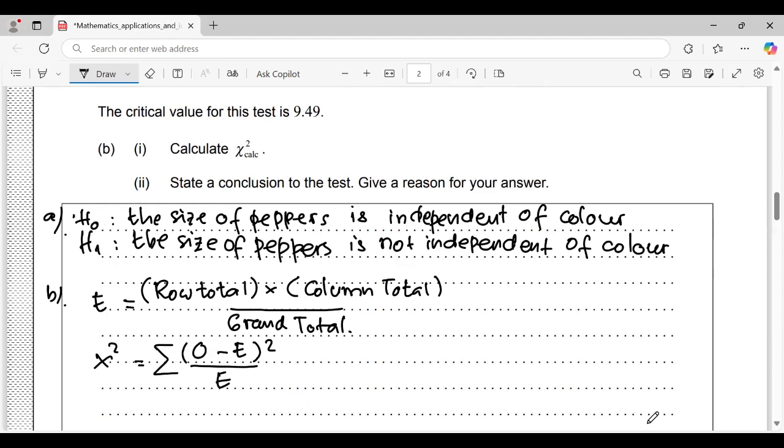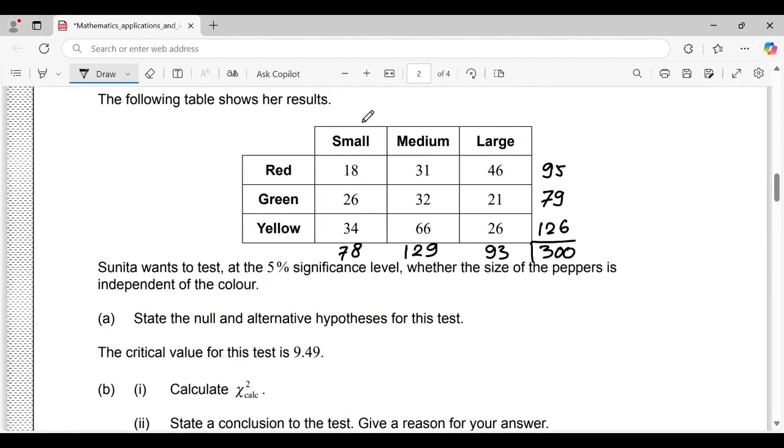Right, let's calculate from the small red. After small red, medium red, large red, small green, medium green, large green, and so on.